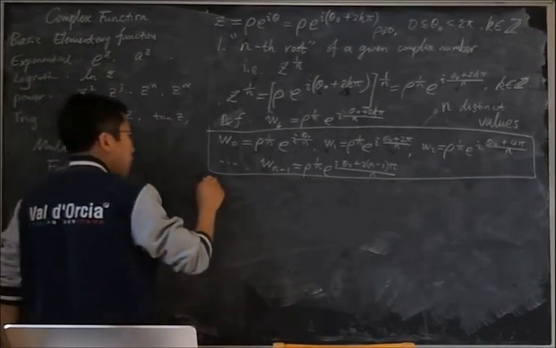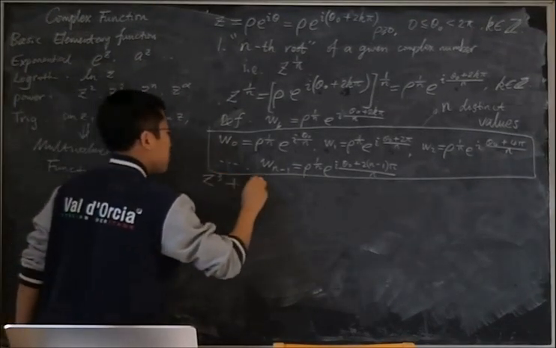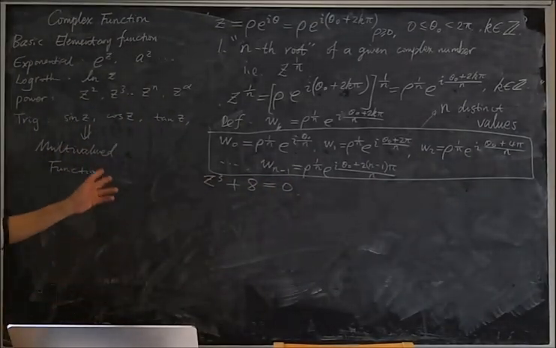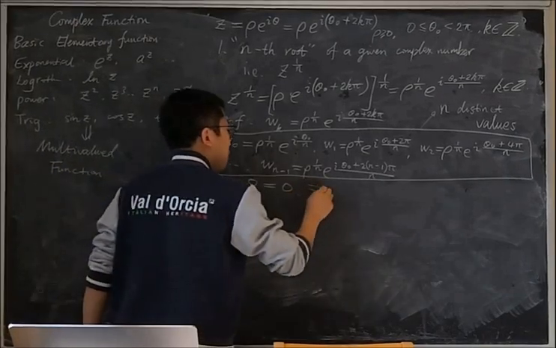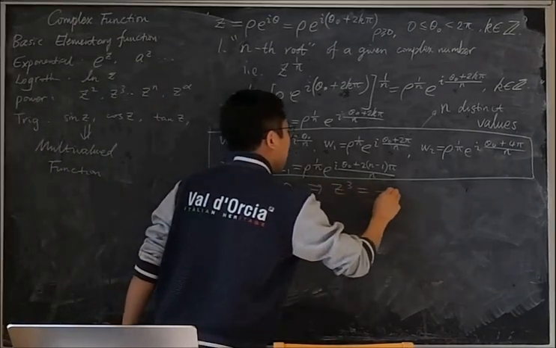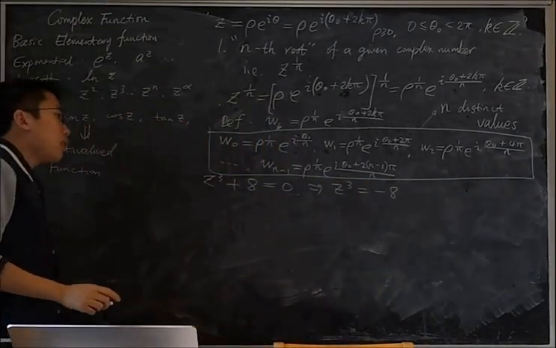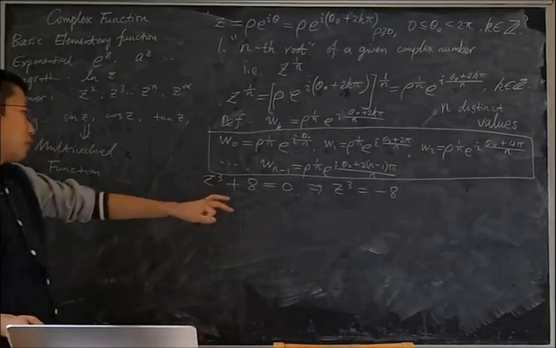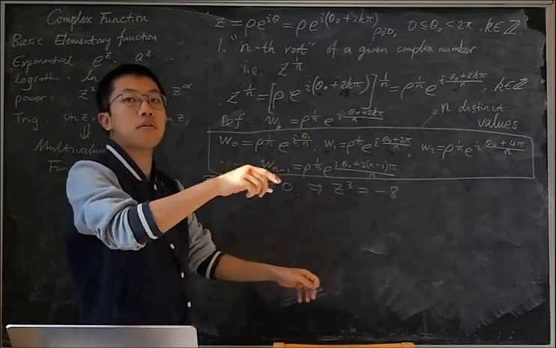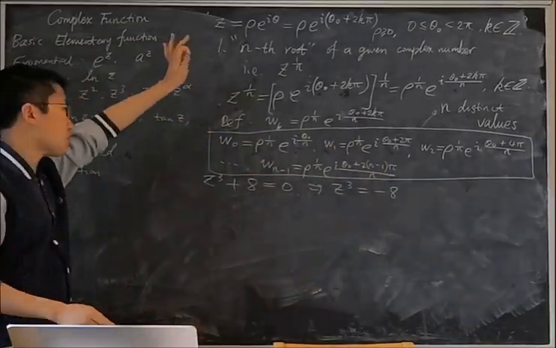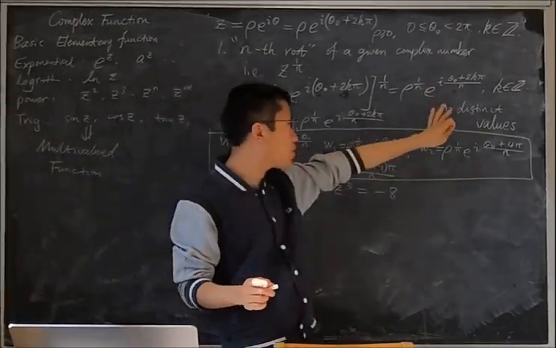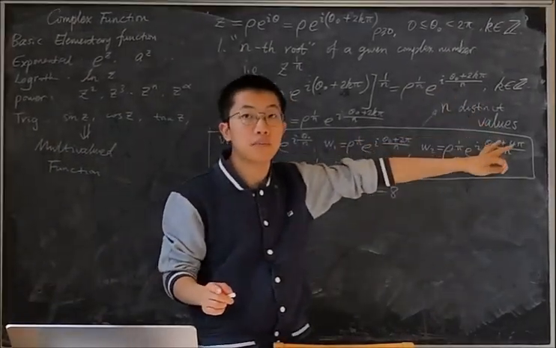So now let's do an exercise here. For example, if I want to find all the complex roots for this equation, we can rearrange this equation into the form of z cubed equals negative 8, right? And we're literally trying to find the 3 roots of negative 8 to the power of 1/3. So according to the discussion here, of course, this is a multi-valued function, and we're going to get 3 distinct values.